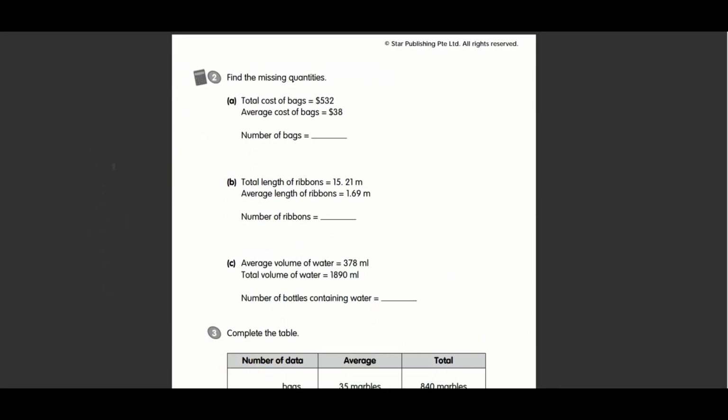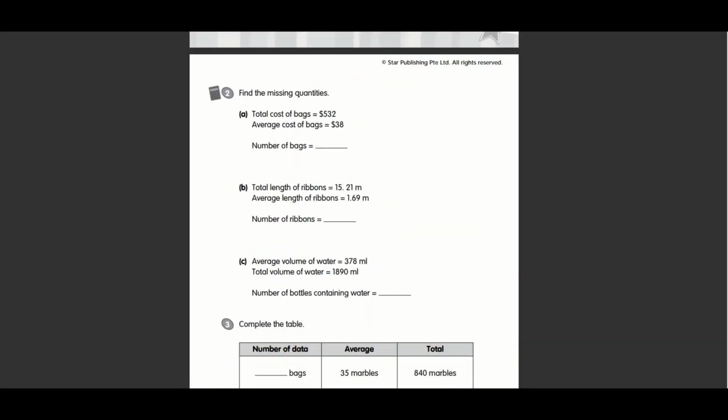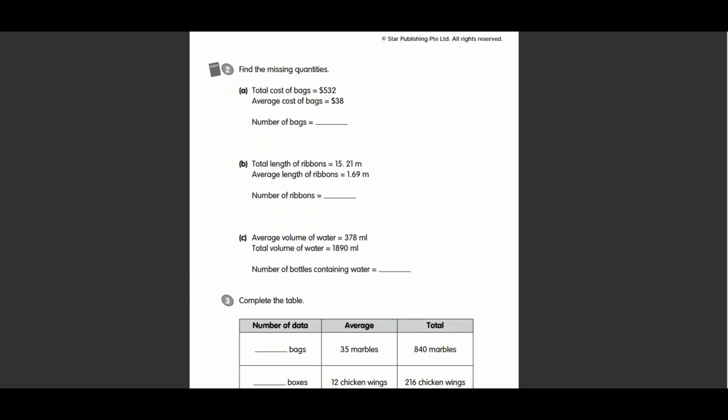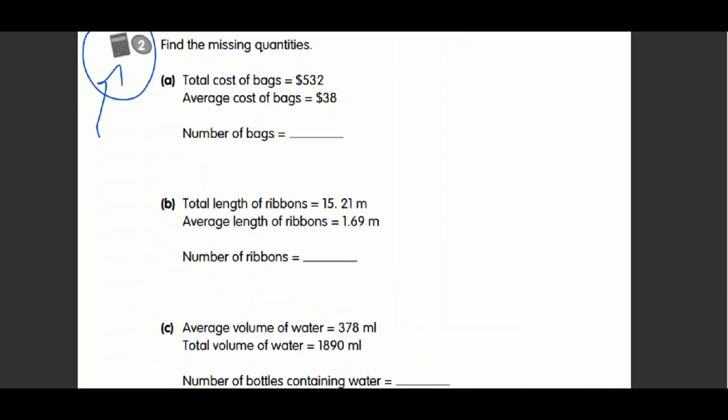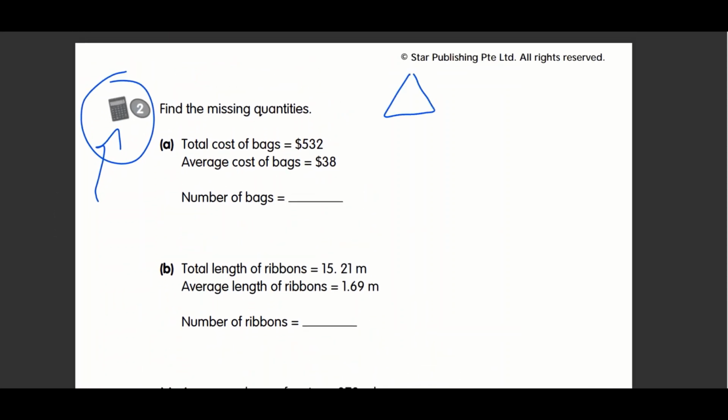Moving on to page 120 now. Over here we have a calculator symbol. That's important. It reminds us that we can use a calculator to solve this question. A quick reminder again, I'm going to draw my relationship triangle on top. I have total, average, and the number of data.